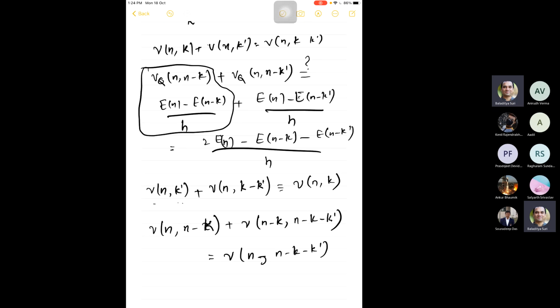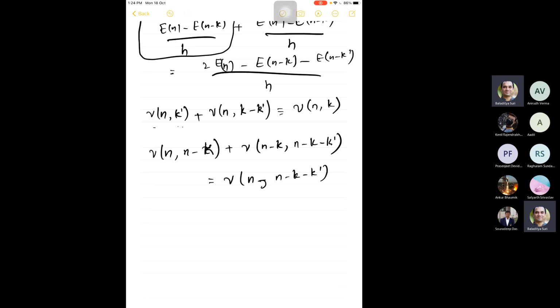That is, if you write it in this fashion, so you write E of n minus E of n-k, plus E of n-k minus E of n-k'. Sorry, we are not taking a minus, we are actually doing a plus here. Yeah, this is a plus.